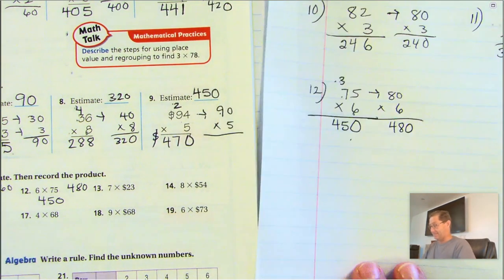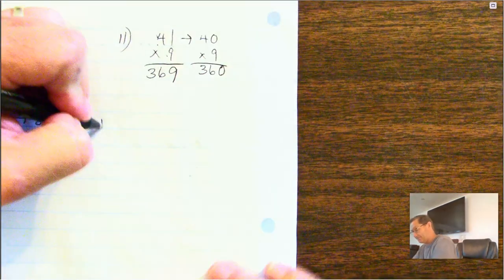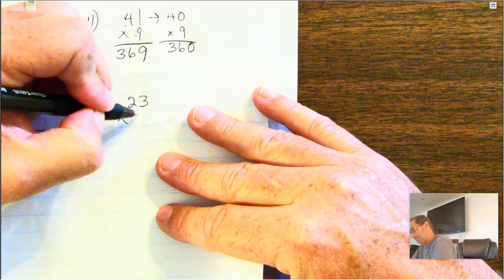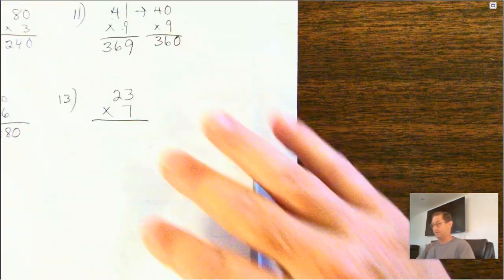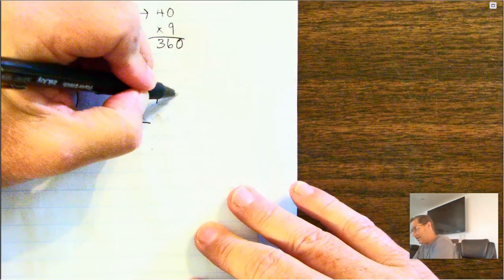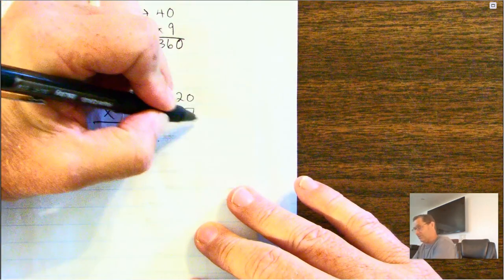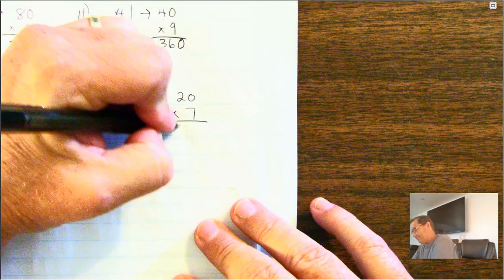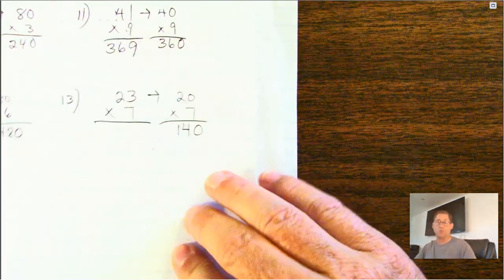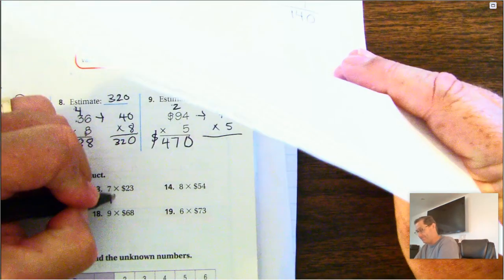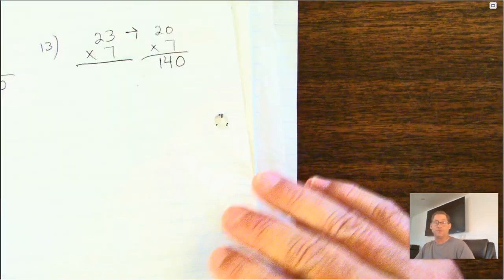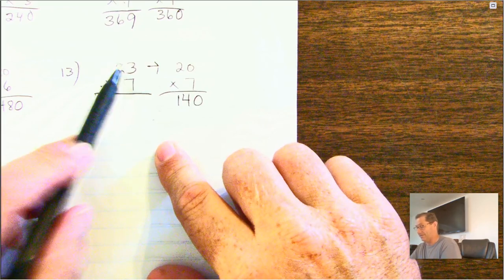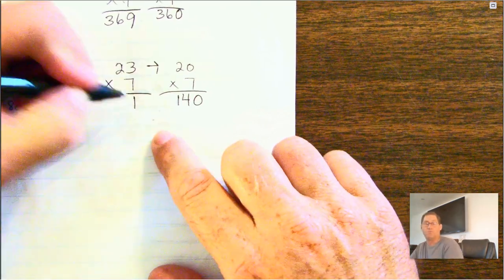Number 13, 7 times 23. 23, I'd round down to 20. So we have 7 sets of 20. 7 times 2 is 14. So we have 14 tens, or 140. Okay, 7 sets of 3 ones is 21 ones.